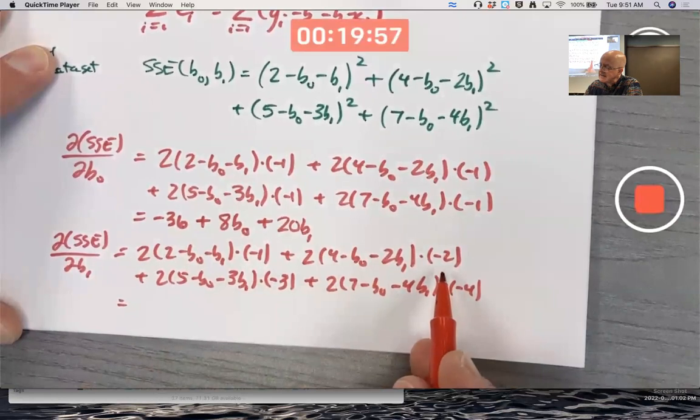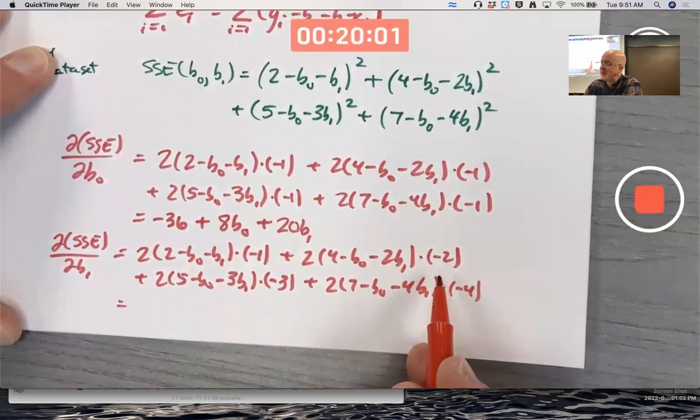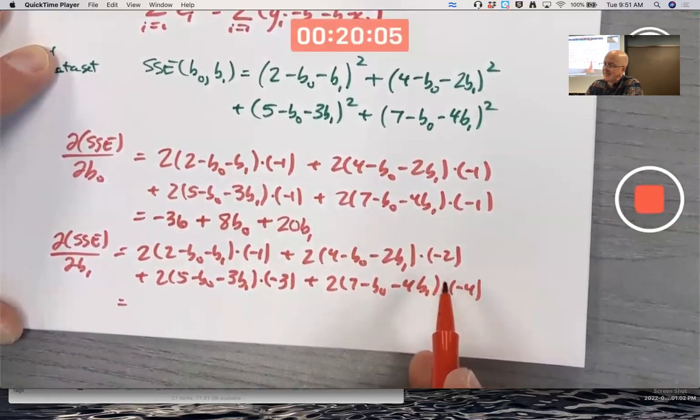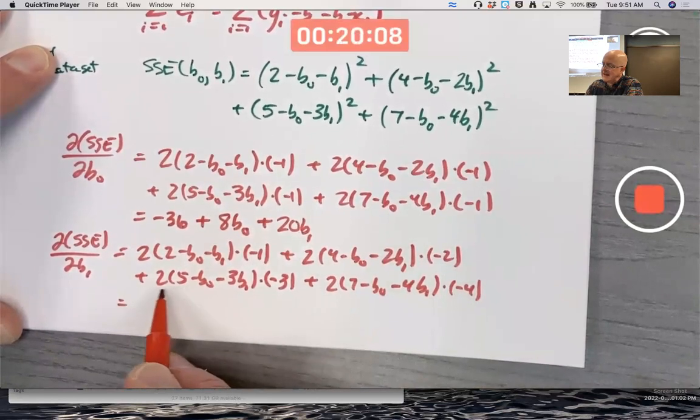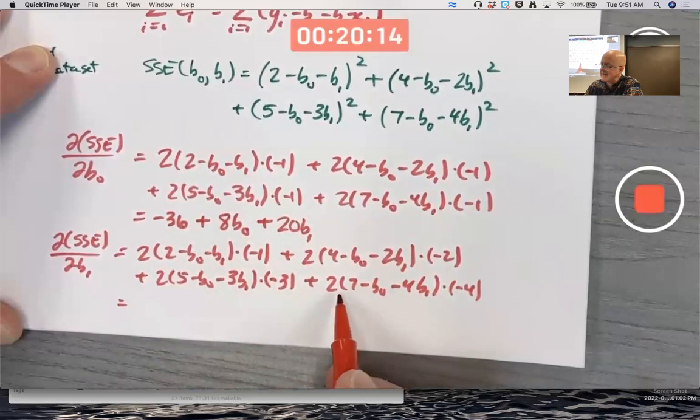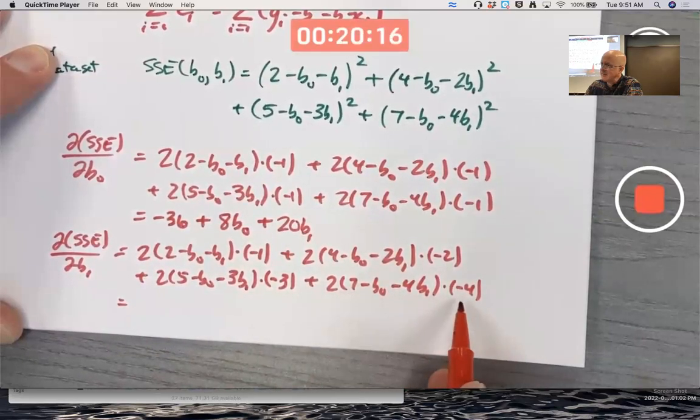And -16 is -20. I just was saying -2. So -4 plus -16 is up to -20. Here we have a 10 and a 3, that's 30. So we're down to -50. And then 14 times 4 will be 56, -106. Yes?